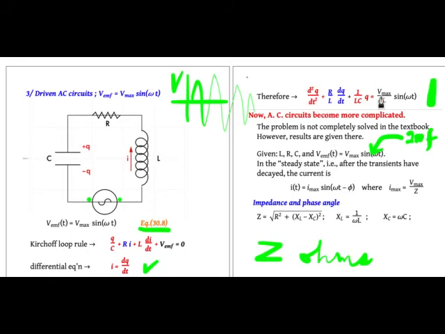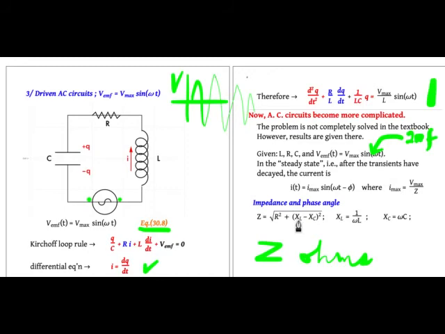But for the general problem with inductance and resistance and capacitance, the impedance is the square root of R squared plus XL minus XC squared. You notice that if the impedance of the inductor is equal to the impedance of the capacitor, then the impedance of the whole circuit is nothing but the resistance of the resistor.